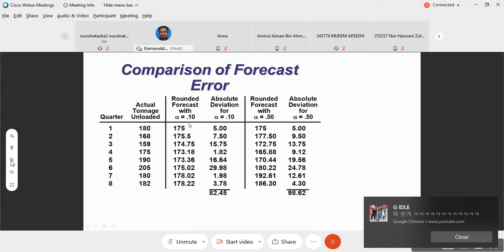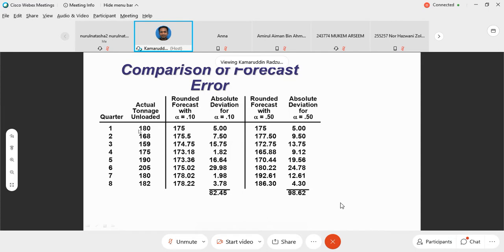For the forecast with the alpha value 0.1, for the first step in measuring the error, we need to know what is the deviation. If we're using the mean absolute deviation, we need to find the absolute deviation for alpha value of 0.1. For quarter one here, also this is the quarter, not the month, we have an absolute deviation of 5.